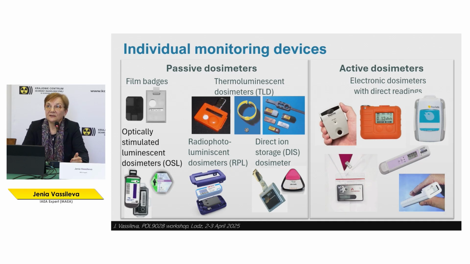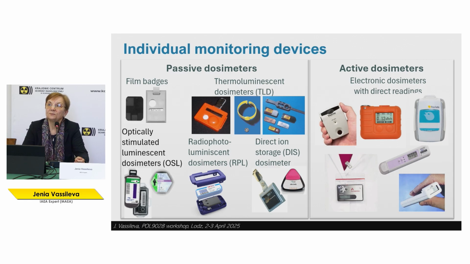The dosimeters themselves, devices, can be different. They could be passive and active. In passive dosimetry, in the past, we used film badges. I think the majority use thermoluminescent TLDs, but also optically stimulated OSL or radiophotoluminescent RPL dosimeters are used.